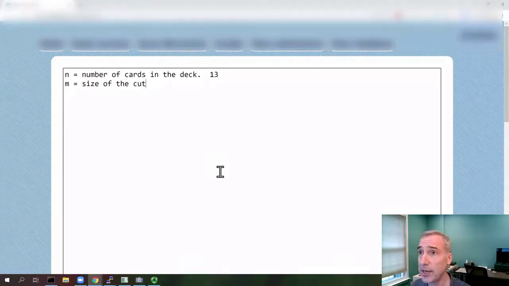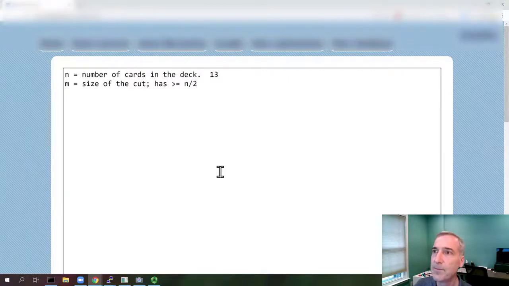But I picked a 13 size deck because if it's 52 cards, I didn't want to go through 52. But m has to be greater than or equal to n divided by 2.